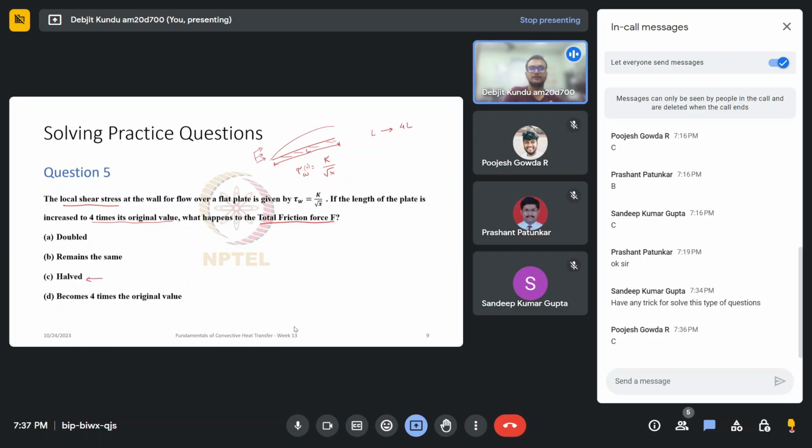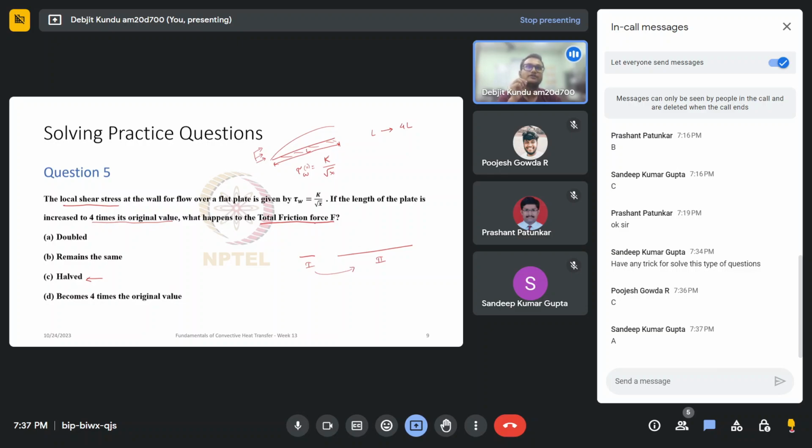Let's see if we can get any more responses. Physically speaking, do you think that if I increase the length of the plate, so I have a plate this big, and a plate this big, this is basically what happens. The length is increased by 4 times.